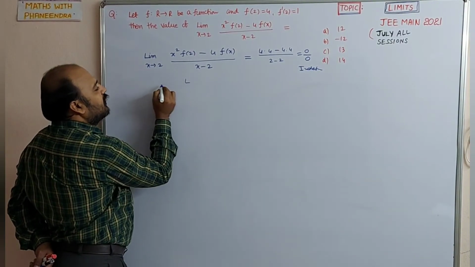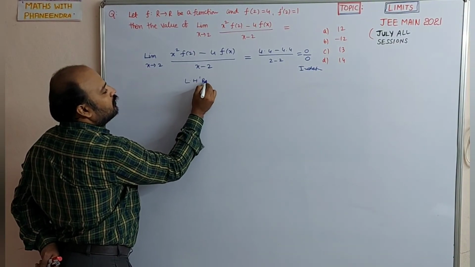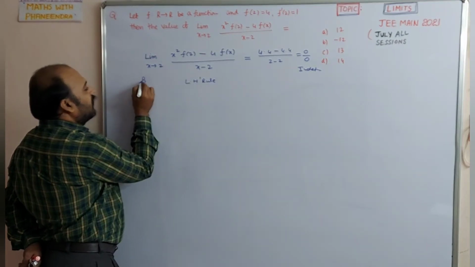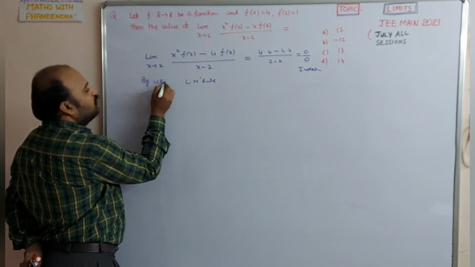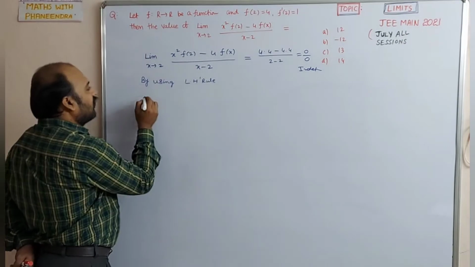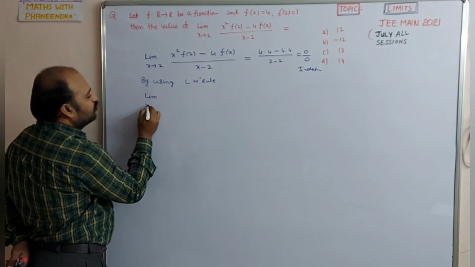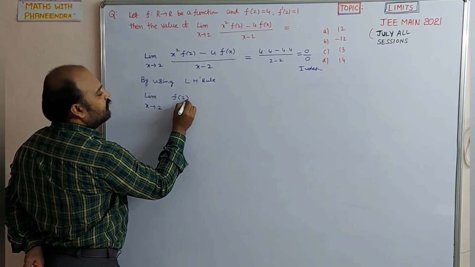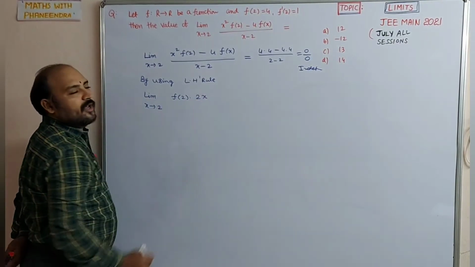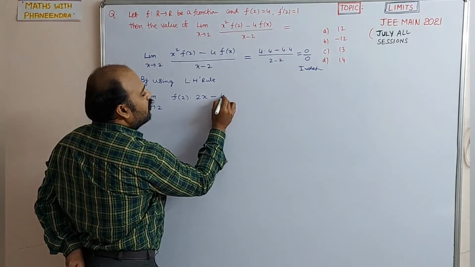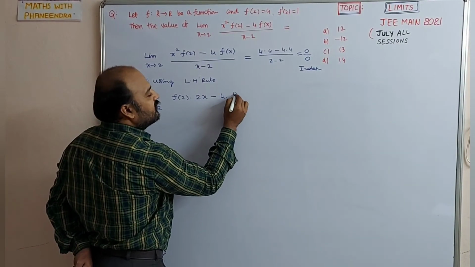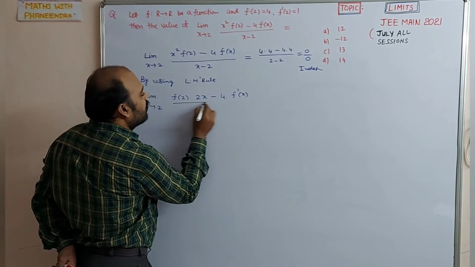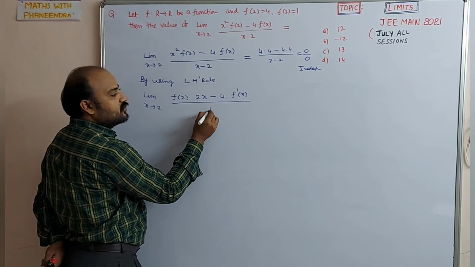So by using L'Hospital rule, limit x tends to 2, derivative of numerator: f of 2 constant, x square derivative is 2x, minus 4 into constant f of x derivative is f dash of x, by x minus 2 derivative is 1.